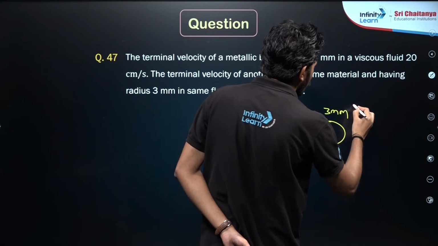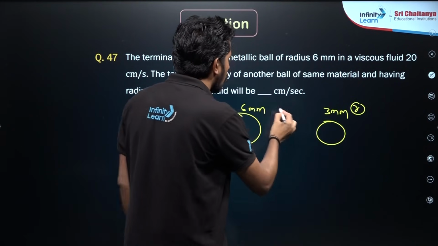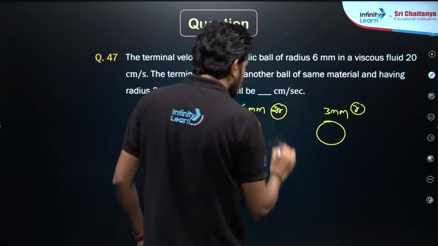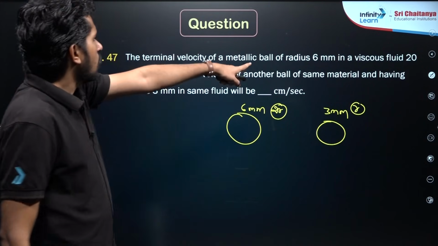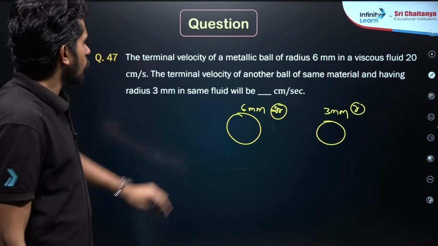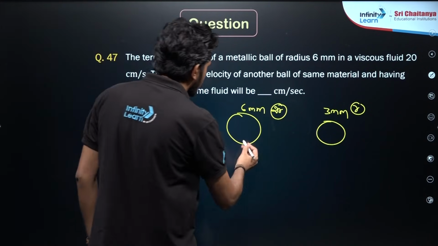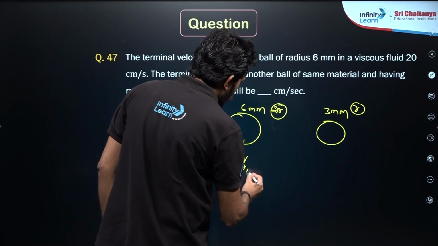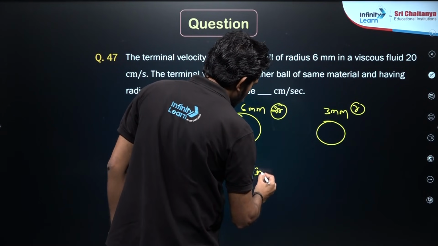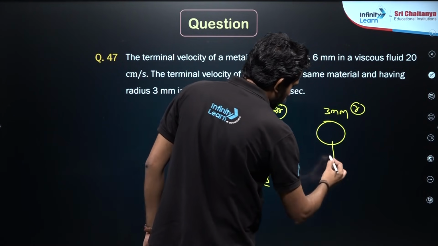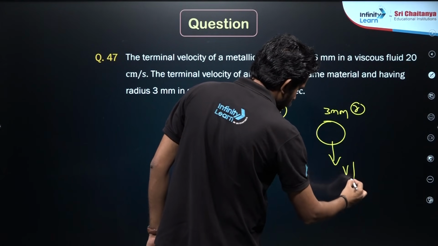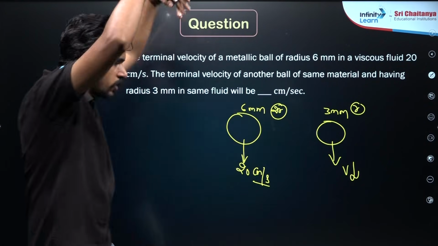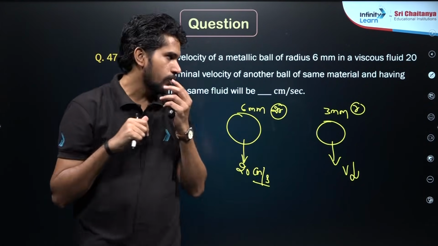Generally I would do it by r and 2r. This is very simple. Okay, 6 mm and 3 mm. And its velocity is 20 centimeter per second. And what would be its velocity? Those are going downwards in a viscous fluid.